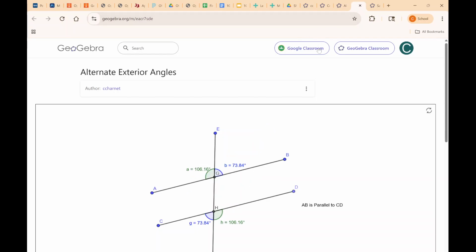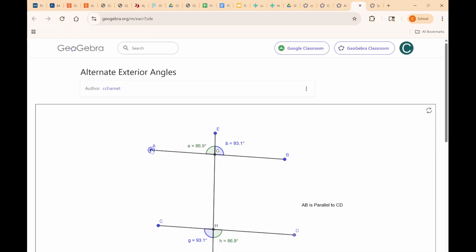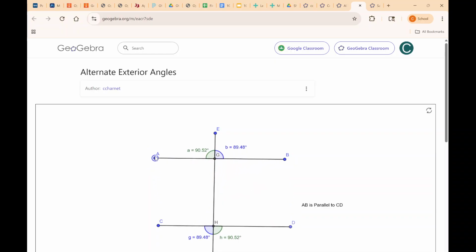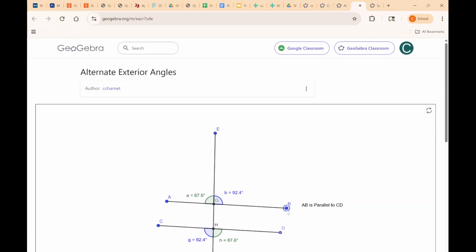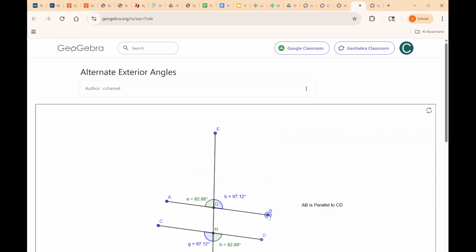If we go to alternate exterior angles, we can look at these blue alternate exterior angles. Those are A and B and G are going to be congruent, and also this A and H also congruent, and we can move things around, and all of these angles are still going to be equal to each other.